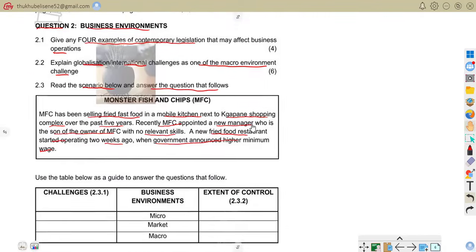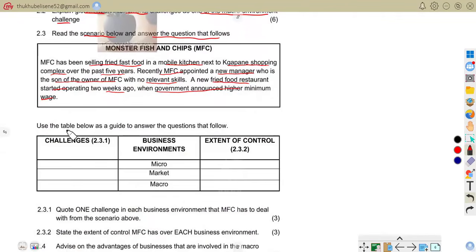Now it says use the table below as a guide to answer the questions. As you can see, we have challenges, business environments, and extent of control. The business environments are given already, but the challenges and extent of control are not.